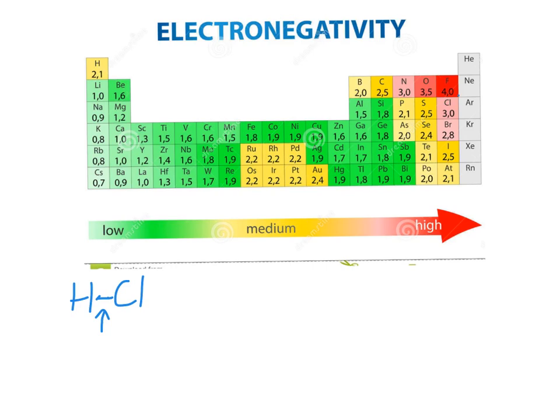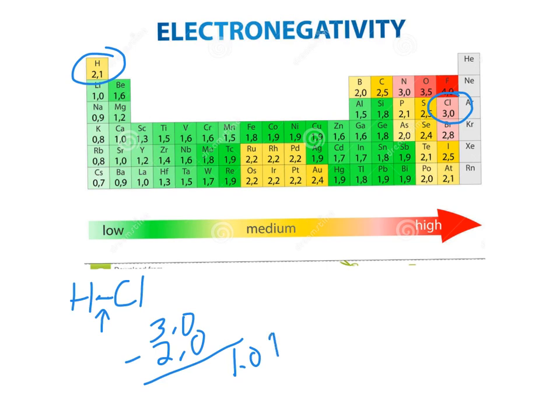Chlorine is going to have an electronegativity of 3.0, and hydrogen is going to have an electronegativity of 2.1. So when you subtract these, you're going to have a 1.0 difference. This is going to be a polar bond. This means that one has a greater pull than the other on that bond. And we're going to be doing a lab on this later on next week.